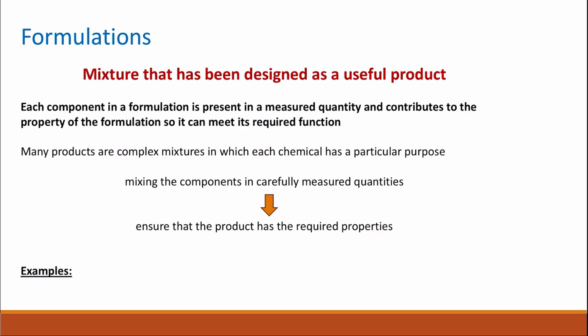Some examples of formulations that you use in everyday life include fuels, cleaning agents, paints, medicines, alloys, fertilizers, and foods. All of these are formulations. Each component in the formulation will have a certain purpose, and the formulation is made by mixing the different components in certain measured quantities.